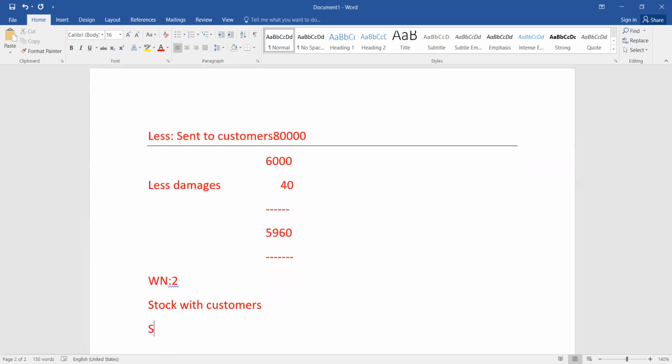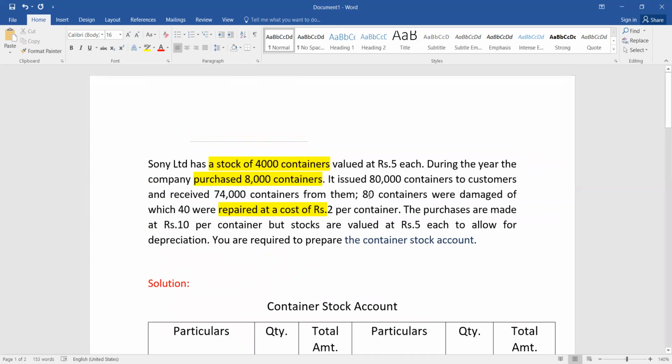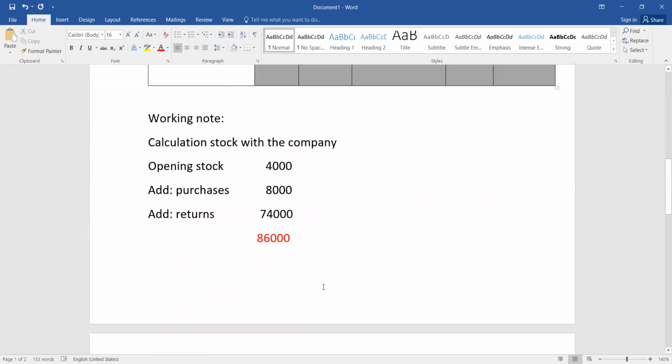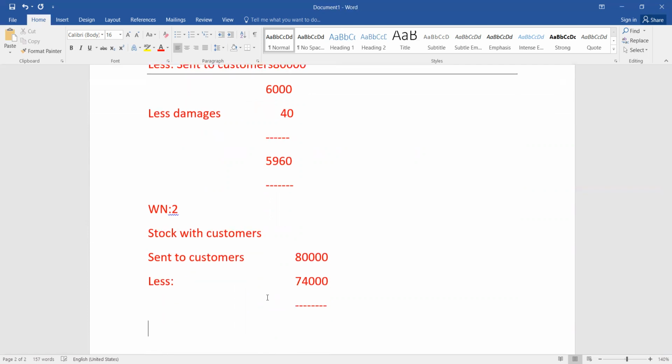As per the problem, containers sent to customers are 80,000. Of this, they have returned 74,000 containers. So the stock with the customers is 80,000 minus 74,000, that is 6,000.